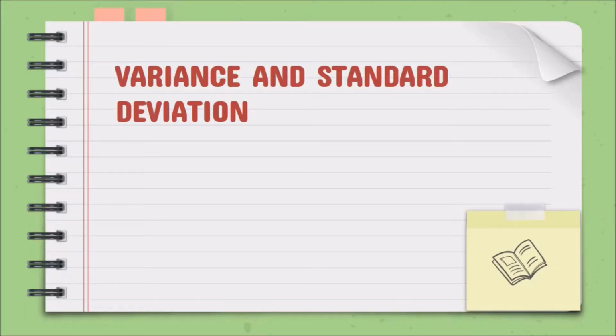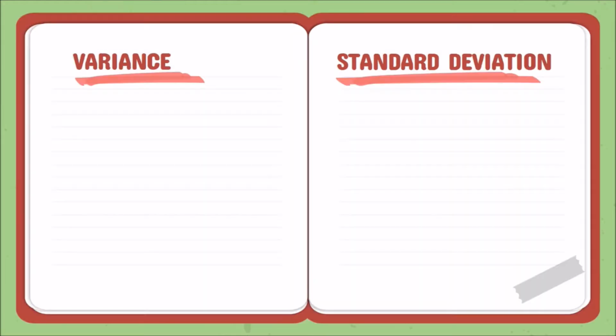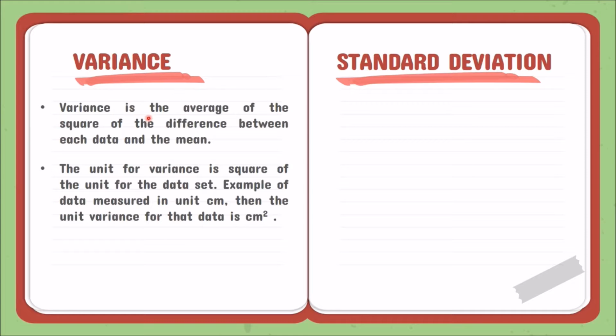Variance and standard deviation are the measures of dispersion commonly used in statistics. What is variance? Variance is the average of the square of the difference between each data and the mean. The unit for variance is the square of the unit for the data set.